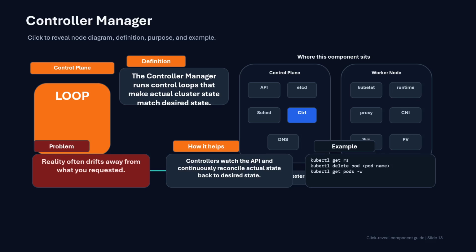When 3 replicas are running, if one of the pods goes down, the controller manager automatically adds one more pod, because it always looks at the actual state and desired state. Suppose the actual state is 2 but the desired state is 3, then automatically it will add one more pod to that replica set. That is the task of the controller manager. It is also a control plane component.